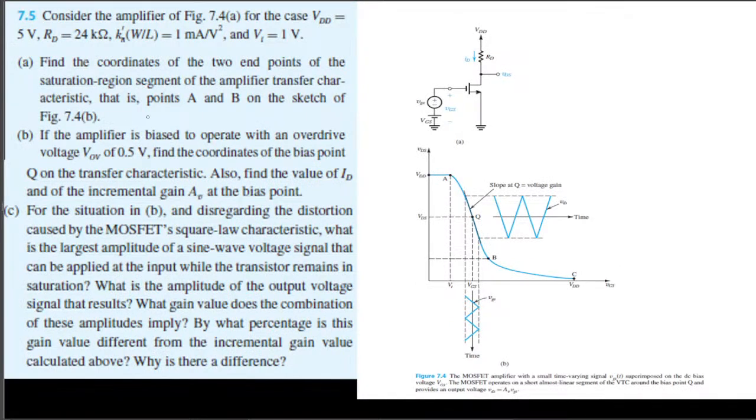So let's go ahead and write. The value I found for VGS at Q is 1.5 volts. That's from my previous part of the question. If you want to see how, you can watch my previous video.